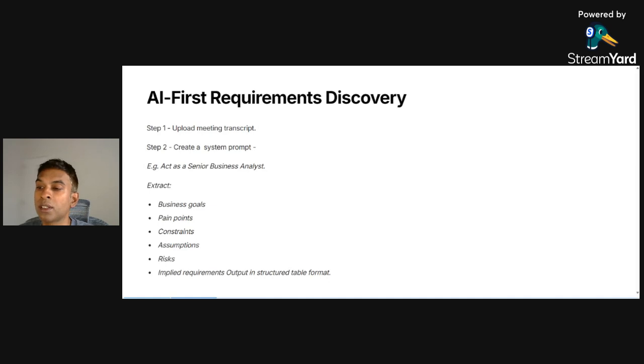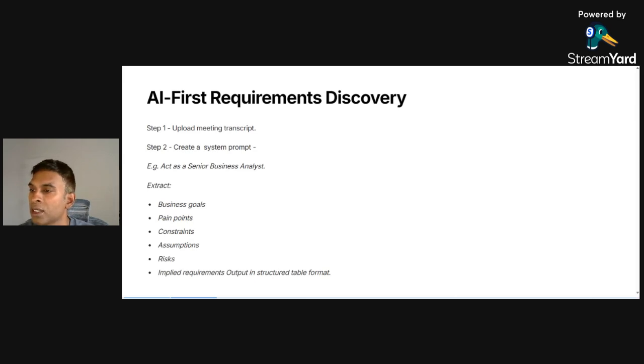You want the AI tool to act as a senior business analyst or the domain expert in that core area. This is just an example. You can use your model and your context appropriately and then create this system prompt. What I did is simply: act as a senior business analyst.